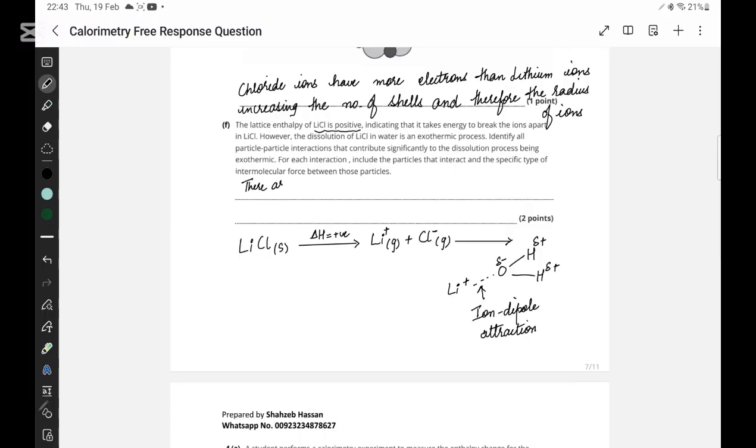are interactions between lithium ions, Li+ ions, and polar water molecules, and between chloride ions and polar water molecules.